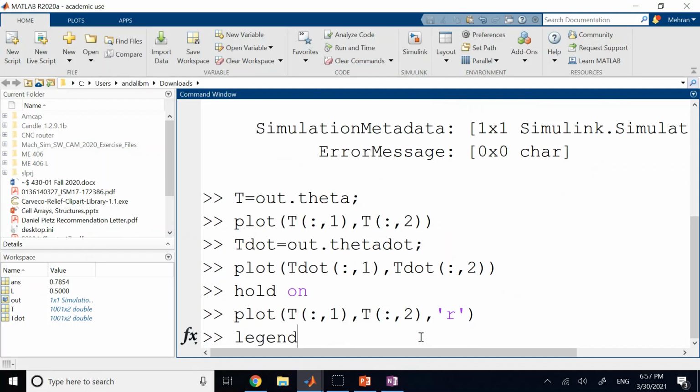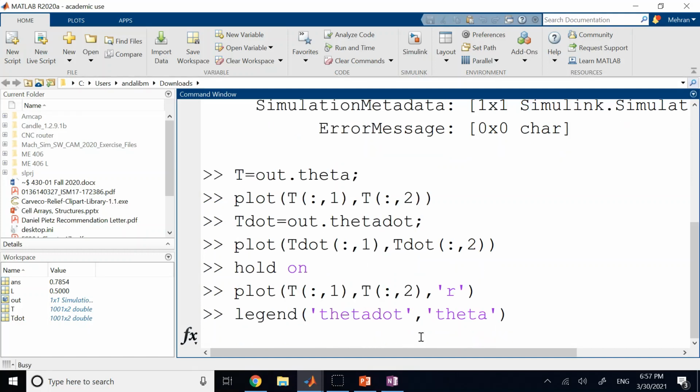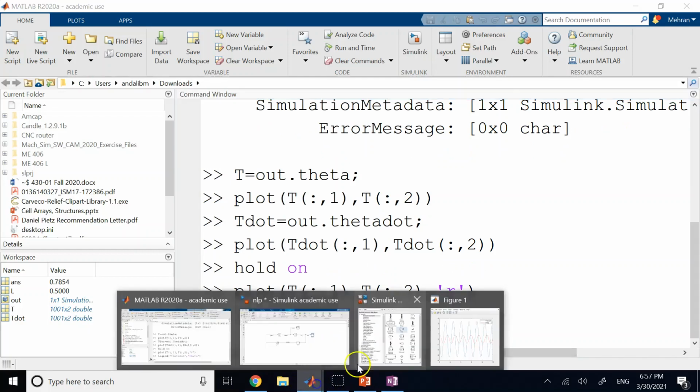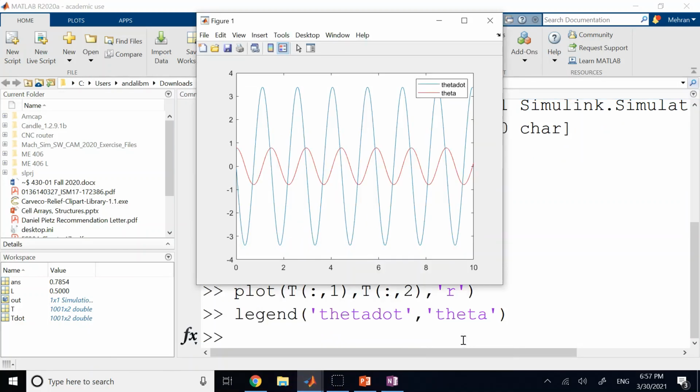And then I can use a legend and say the first one was theta dot, and the second one is theta. Right, and I get something similar to that scope block, as you can see. Right, add X label, Y label, title, and so on and so forth. So I can reproduce everything here, but I can do a lot more, like animation and all sorts of other things.